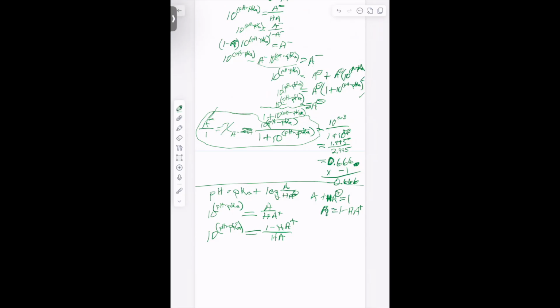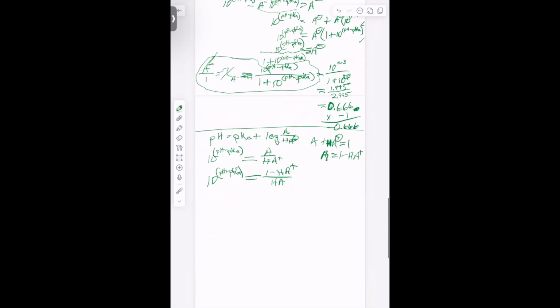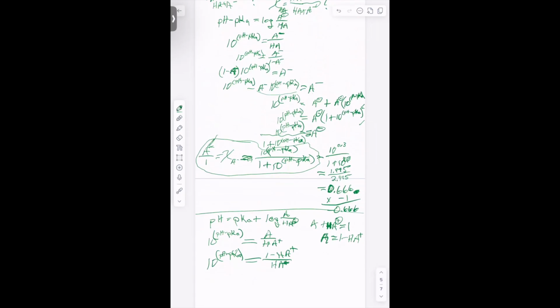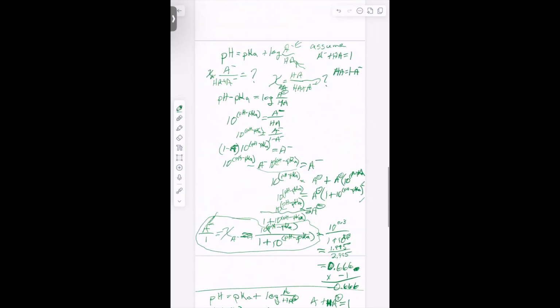And then I'm going to continue to move down. And again, I'm going to take the same thing. I want to set HA on one side of the equal sign and everything else on the other side. And again, the idea here is we can then solve a problem like we did above. We solved the problem without even needing to know how much A and HA are present.